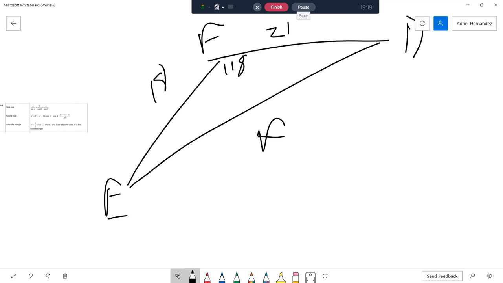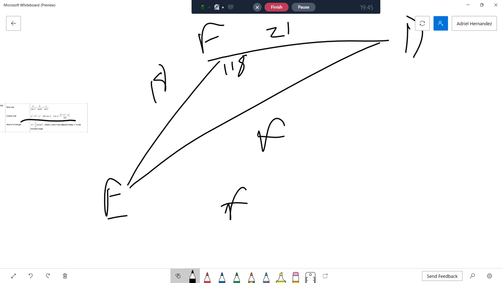All we would have to do is substitute into the equation, and we can see it over here, this is the equation for law of cosines. Pretty much all you're going to want to do is substitute for A, B, and C, E, F, and D. So our subject is F, which is what A is in the formula.